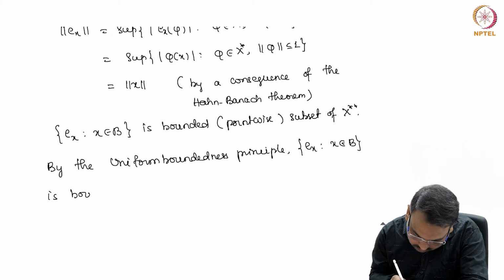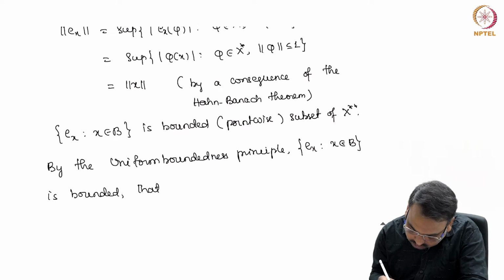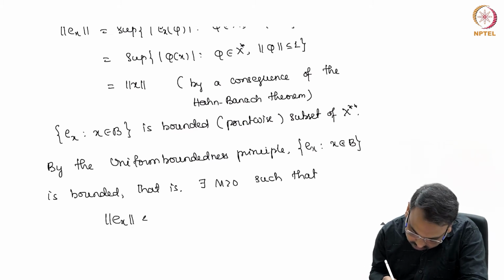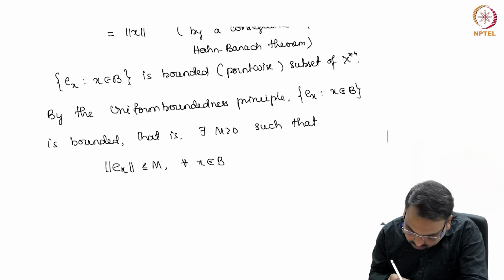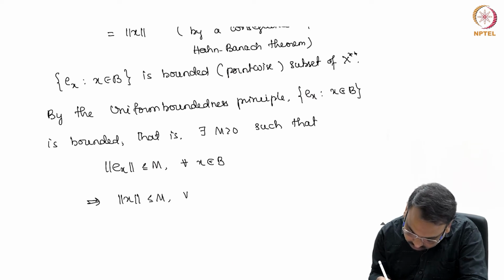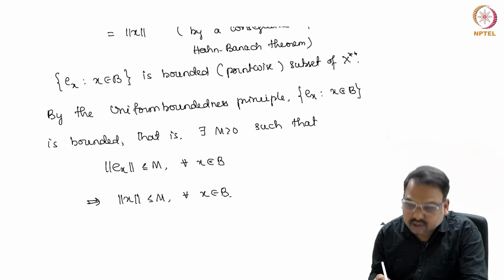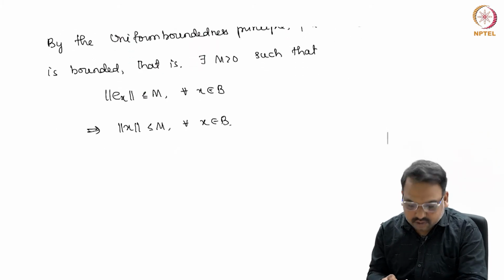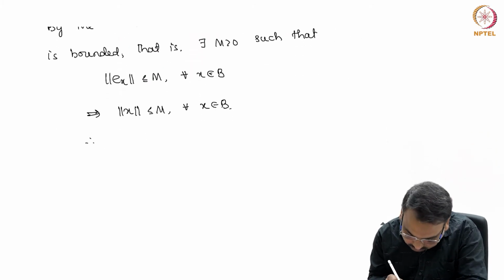That is, there exists some M such that norm of E_x is less than or equal to M for every x in B. This implies norm of x is less than or equal to M for every x in B. Therefore B is bounded.